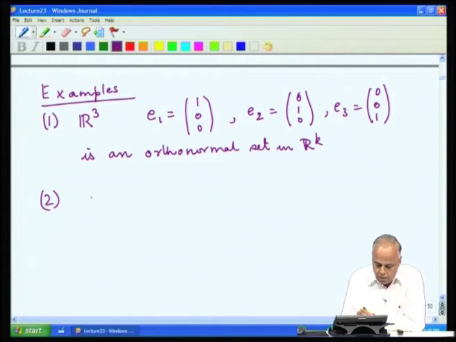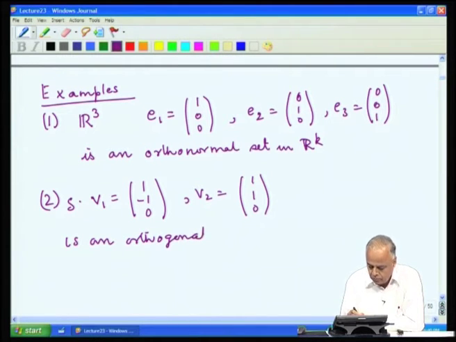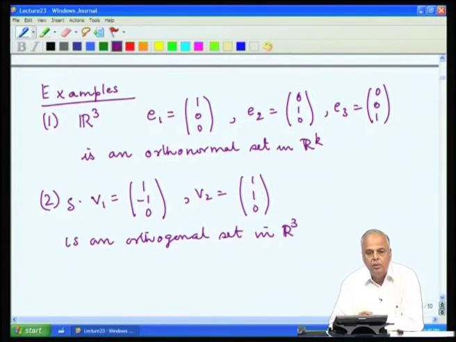Notice that the vectors v 1 equal to (1, -1, 0) and v 2 equal to (1, 1, 0) form an orthogonal set in R 3, because the 2 vectors are orthogonal to each other, but it is not an orthonormal set, because the normalization of length being 1 is not satisfied.